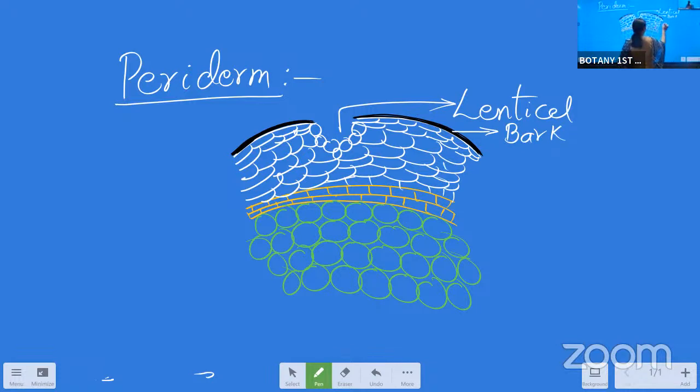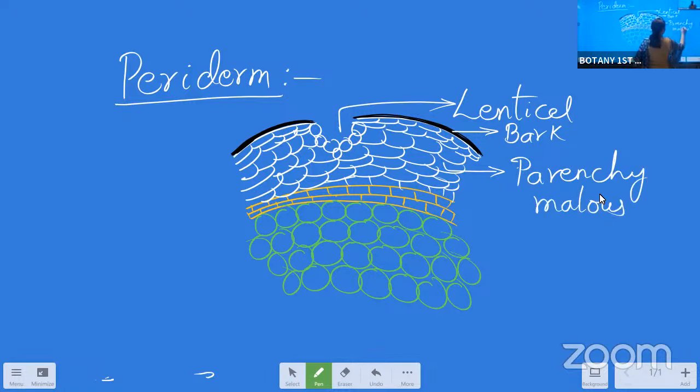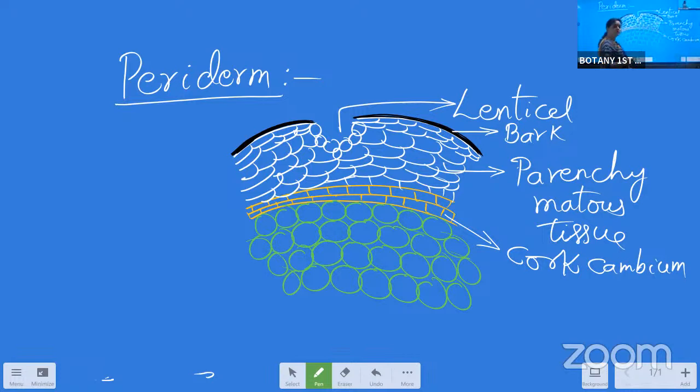And these are the parenchymatous tissue. These are the parenchymatous tissue. Okay, and this is the cambial cells. So during the secondary growth, above the endodermis, the cambial cells are called the cork cambial cells.